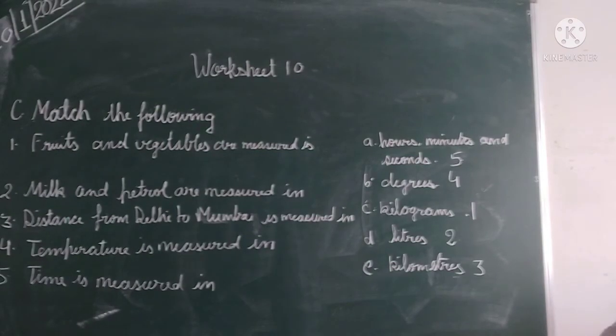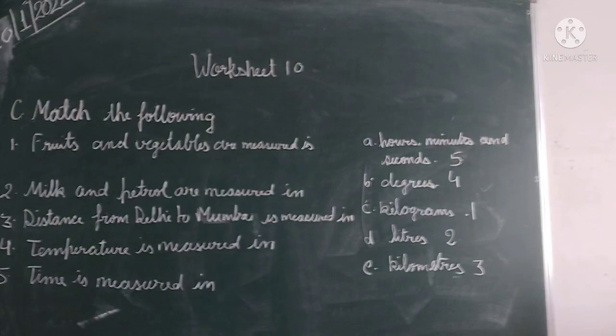First one: fruits and vegetables are measured in kilogram. Milk and petrol are measured in liter. Distance from Delhi to Mumbai is measured in kilometers. Time is measured in hours, minutes and seconds, and temperature is measured in degrees.